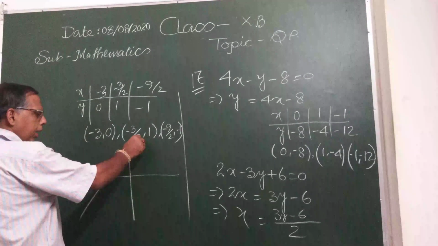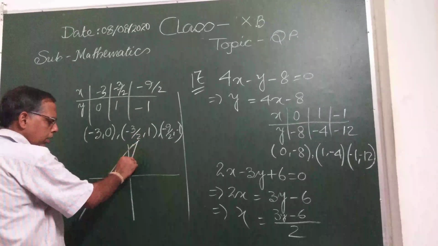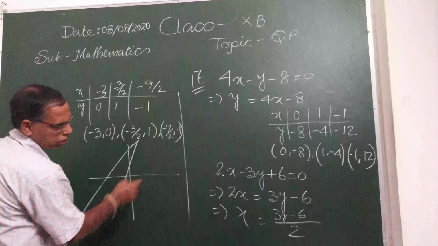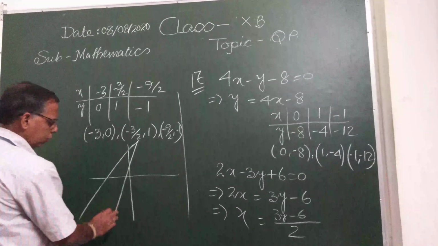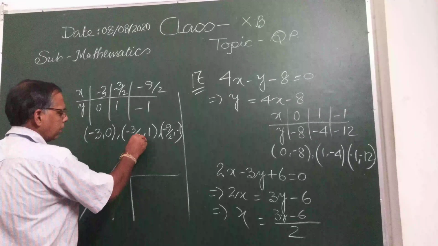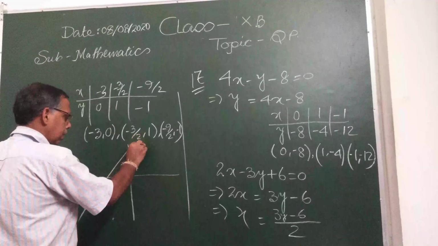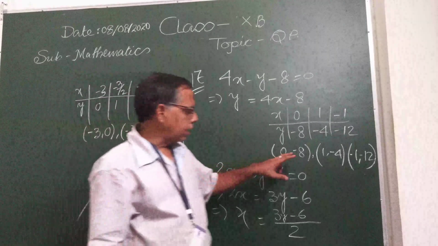Now another one will come this way, because this is also minus 1, minus 4. Sorry. So 1 is in the fourth quadrant. So ultimately it will come like this.